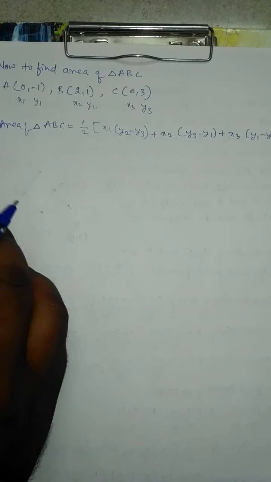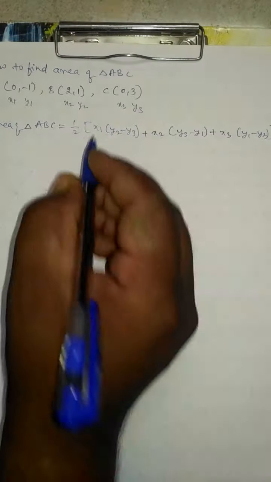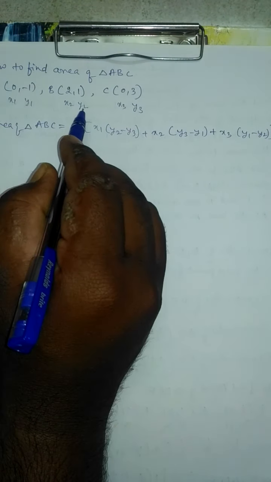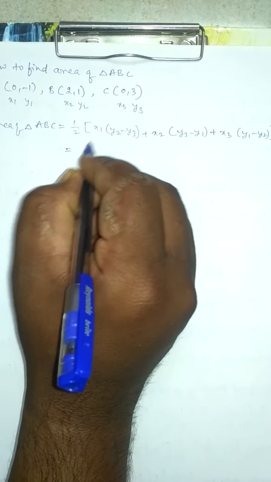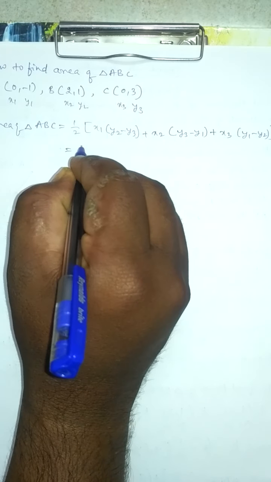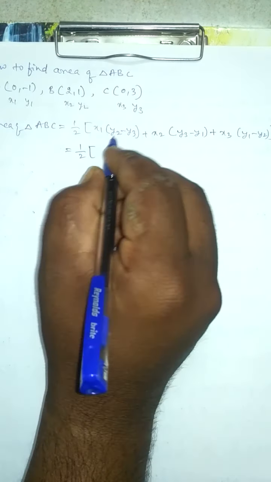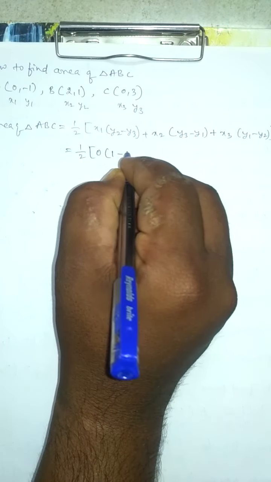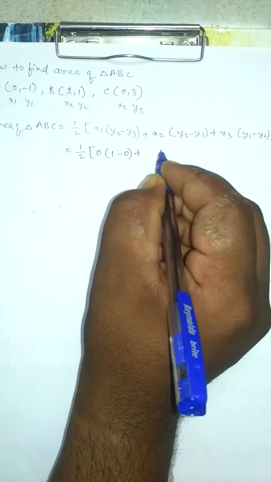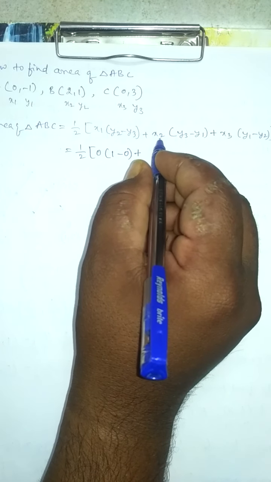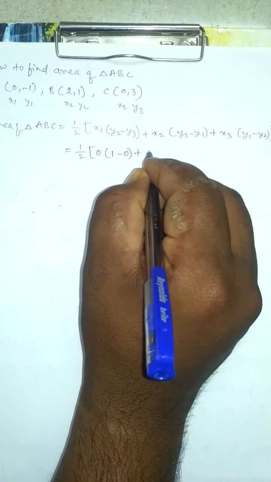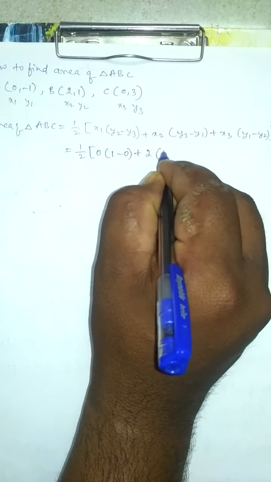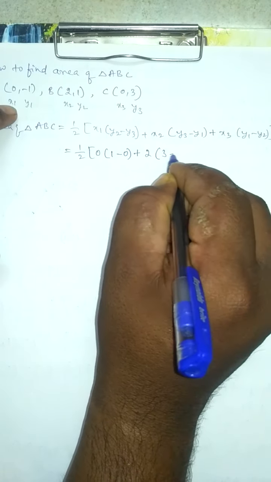So we have to use the area of triangle formula. Then if you substitute values of x1 y1, x2 y2 and x3 y3 in this formula, we are going to get area of triangle. So half as it is, x1 is 0, y2 is 1 minus y3 is 0, plus x2 is 2 into y3 is 3 minus y1 is minus 1.